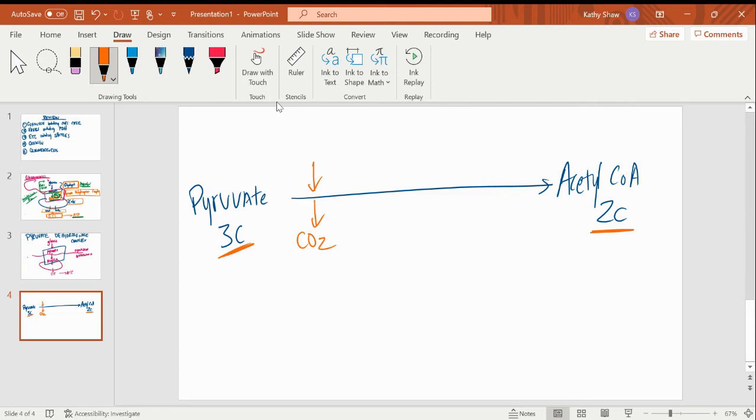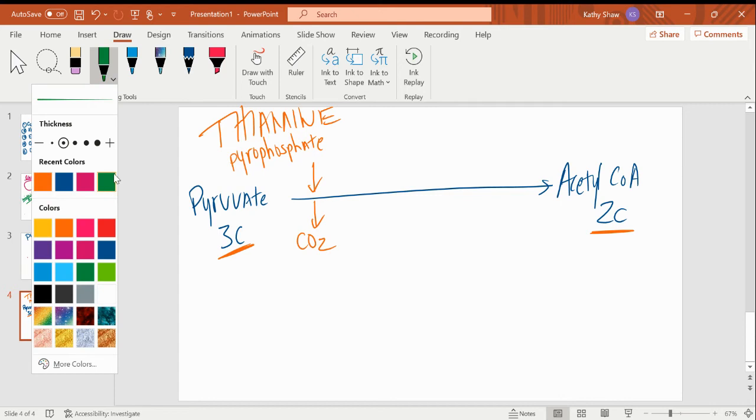When I decarboxylate, I need a B vitamin. Really common thing to get asked. So I would know that I need thiamine pyrophosphate. So I decarboxylate using thiamine pyrophosphate. Now I go through that little oxidation reduction series on the 2-carbon intermediate that I now have.